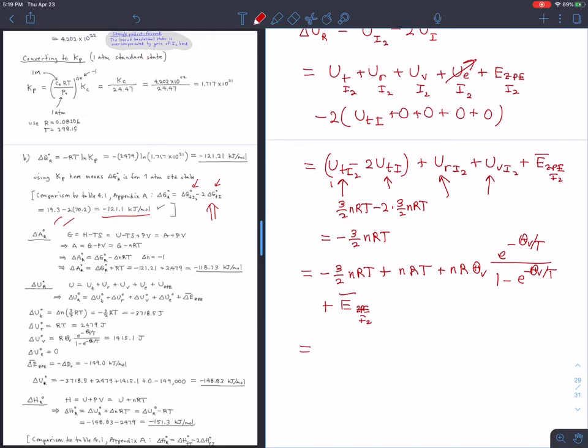And now we can just plug numbers in. That's minus 3/2 times 2479 plus 2479. So that's just 5/2. No, I take that back. That's just minus 1/2. Well, let's just leave it the way it is.